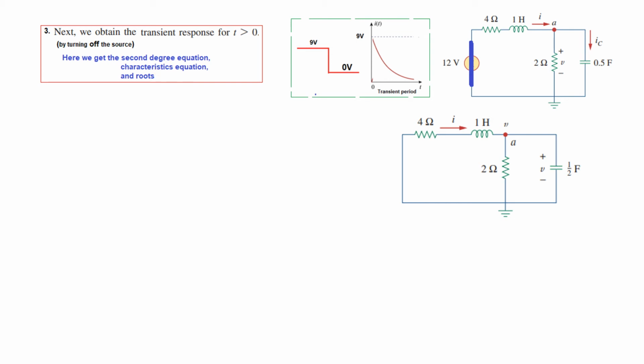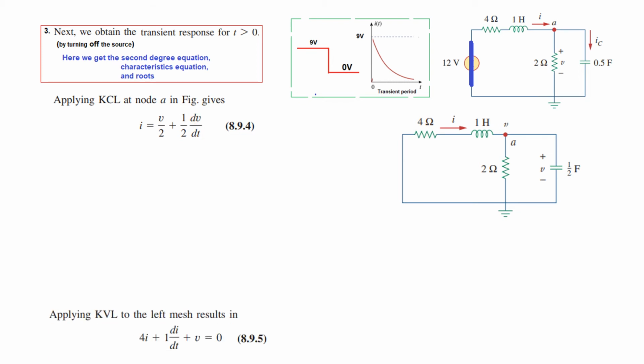Applying KCL at node A. So we are here at node A. KCL again, current entering I and current going into these two paths. So I is equal to, now this current IR is V over 2. So we write V over 2. And IC, we know C is half, that is C dV/dt, so 1 over 2 dV/dt. So that is one equation.